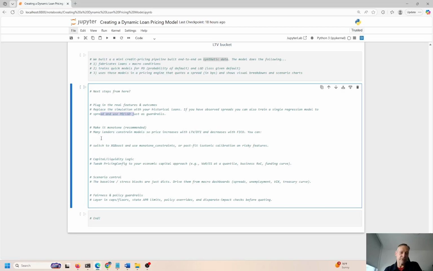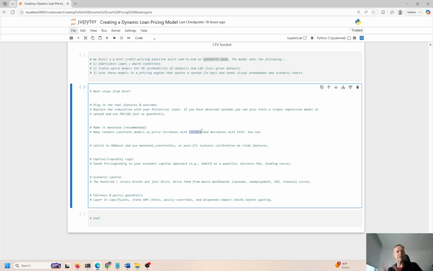What else? Lenders sometimes constrain models so price increases with loan to value and debt to income. That makes sense too. I'm not really handling that part here, but as the loan to value increases and the debt to income increases, that potentially could have a big impact on FICO, right?